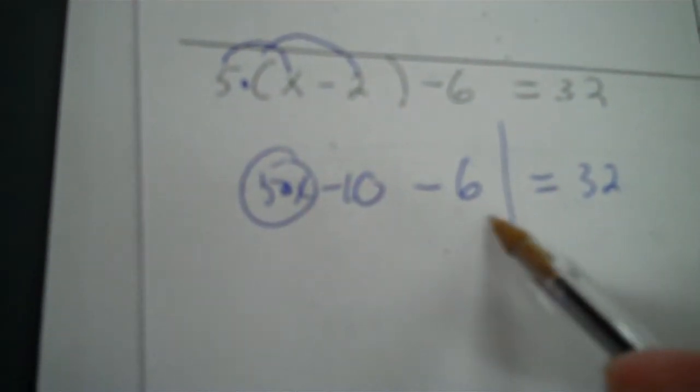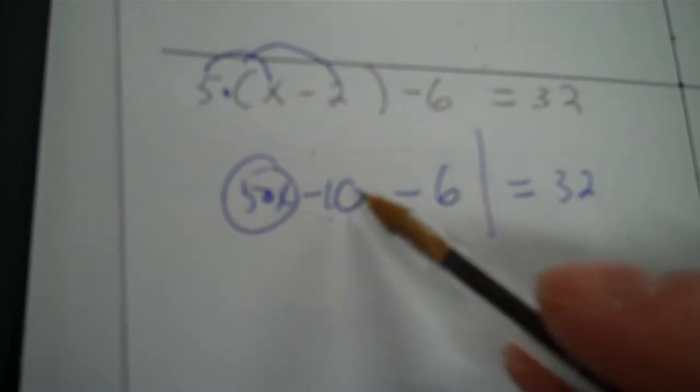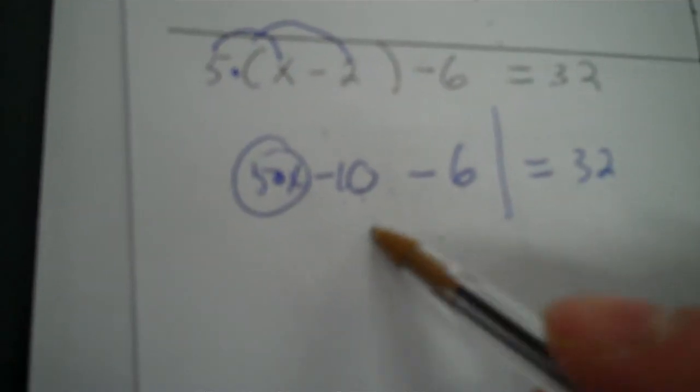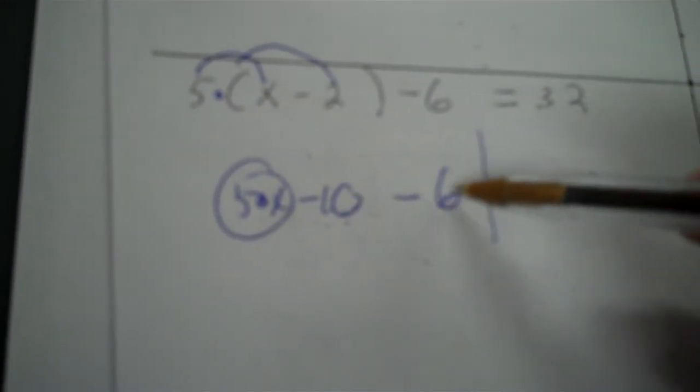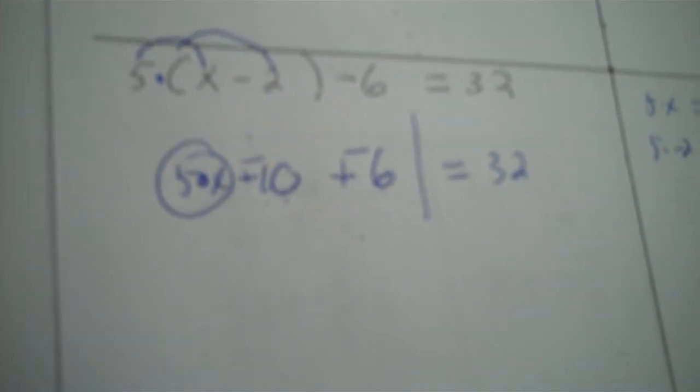So your x is multiplied by 5. Now you got these 2 things over here that we're going to get rid of at the same time. You can get rid of them separately, or you can combine them and then get rid of it. It's up to you. You could go negative 10 plus negative 6, or you can just get rid of them one at a time.